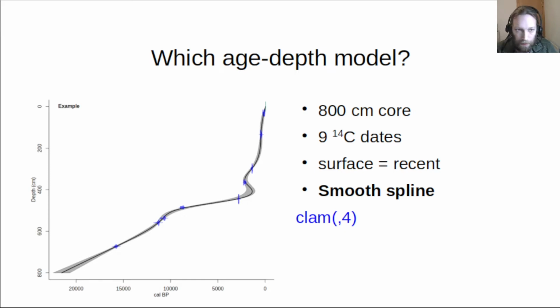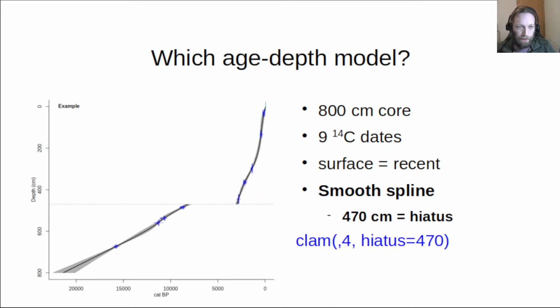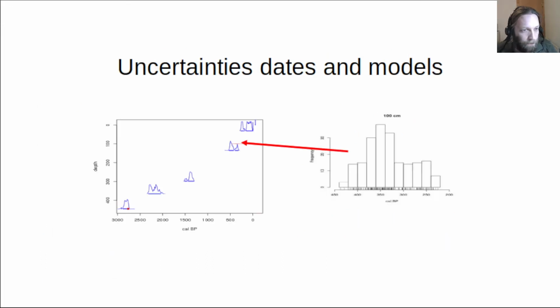And we'll see later that Bayesian models, many of them, are made to exactly avoid that type of reversals. We can also then use a smooth spline and then a hiatus again. Why not? And each of these assumptions will get you a different age-depth model. So the assumptions are quite important.